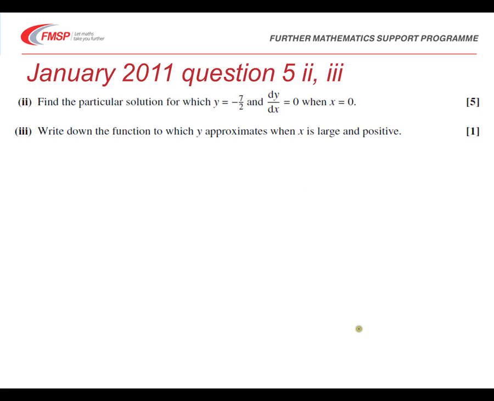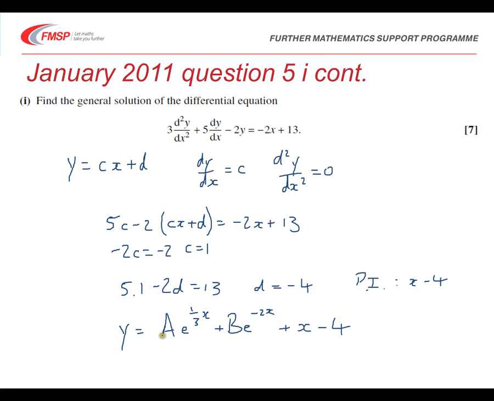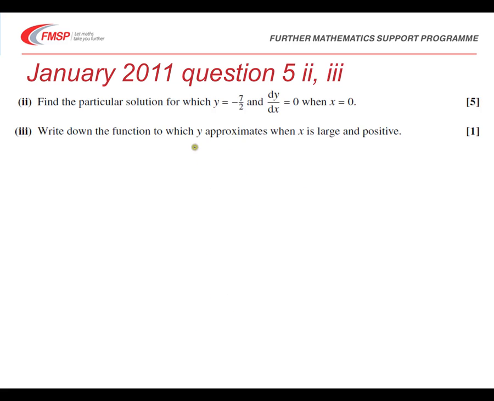Now we're then asked to find the particular solution for which y equals negative 7 over 2 and dy by dx equals 0 when x equals 0. Well, looking back here, let me just copy this out the top here so I know what I'm working with.